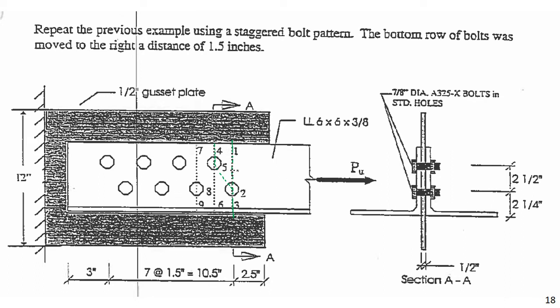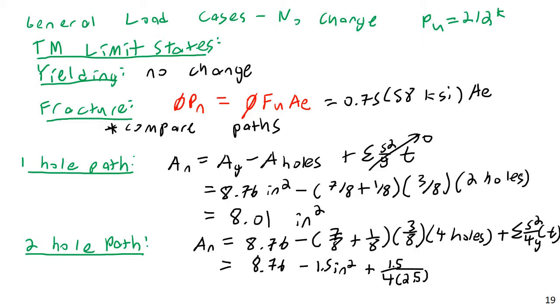Your g is your center to center vertical spacing, perpendicular to the load, and so that's 2.5. That's where that's coming from. And then we should multiply by the thickness of 3/8 inches, but multiply by 2. So multiply by 6/8 inches.